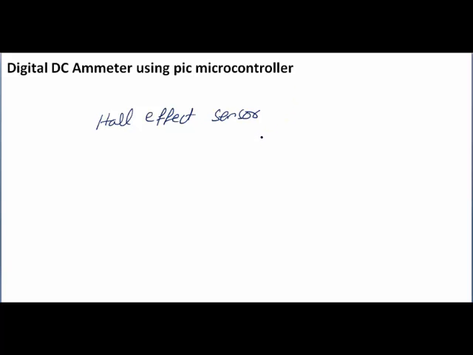The most famous one is ACS712, because it works on the principle of Hall effect, and it can measure DC as well as AC current. It is beyond the topic of our discussion to talk about the Hall effect sensor, but still you can use it to measure AC and DC current.